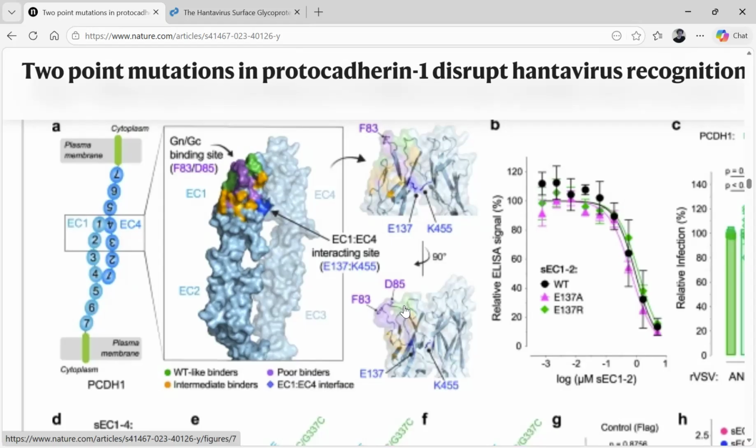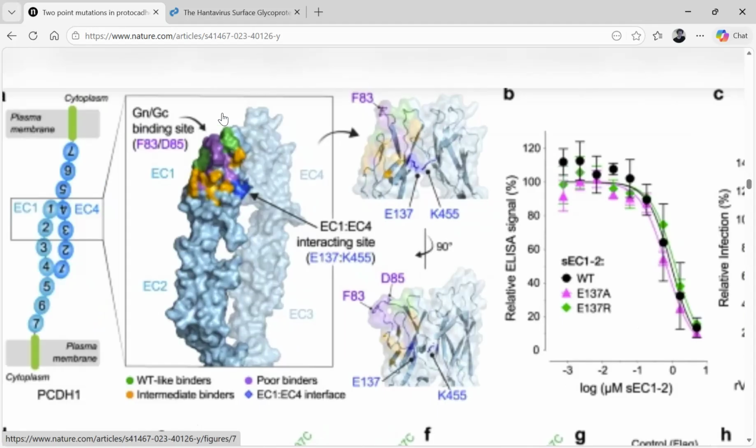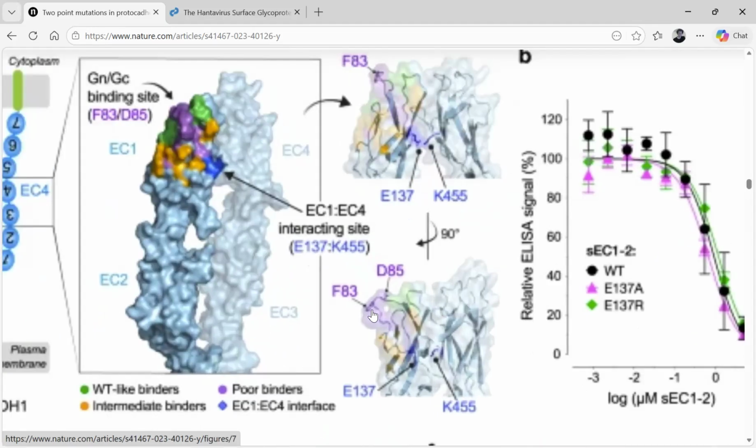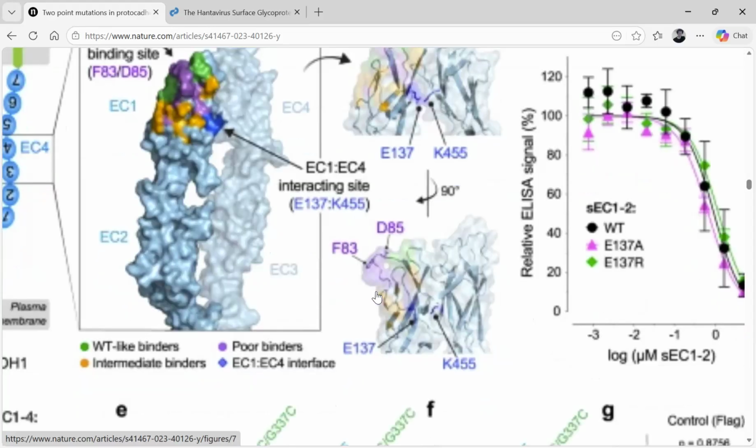Okay, and this is a little bit more of a zoom view of this area that we're talking about, where you have F83 and D85, this area right here on the Protocadherin-1 EC1 location. That's where the virus is attaching to on the spike, the actual G and GC part of it.